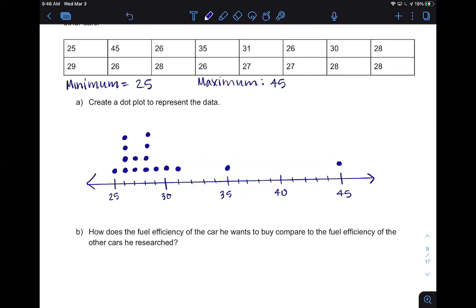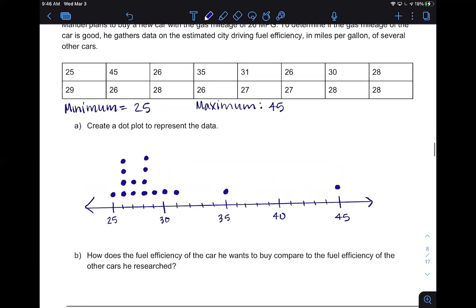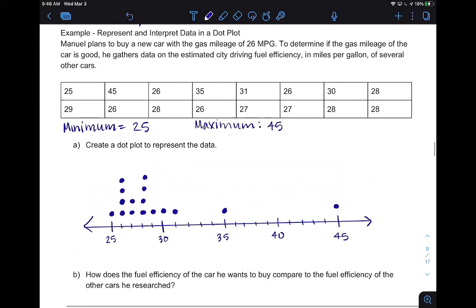The one thing that our dot plot is missing is a label of some sort. What do each of these numbers represent? Gas mileage, or how about miles per gallon? Miles per gallon.